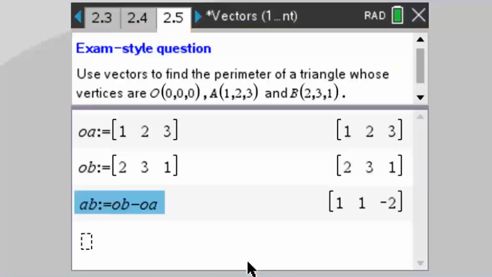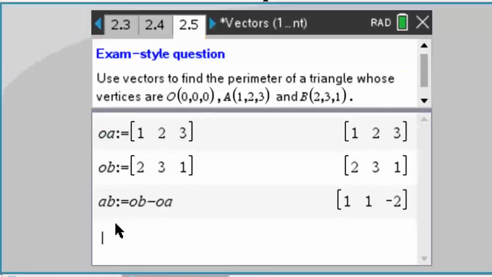When AB is assigned as vector OB minus vector OA, we get I plus J minus 2K. So we now have the 3 required position vectors. Now we want to work out the magnitude of each of the sides, add them together, and that should give us the perimeter.